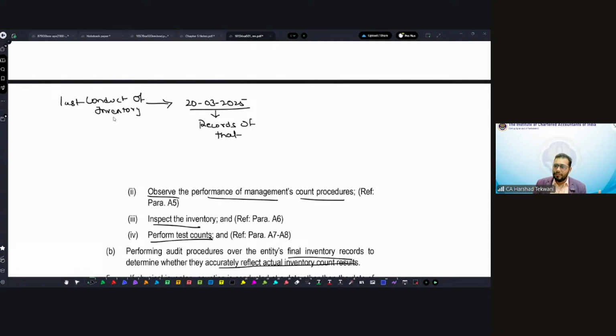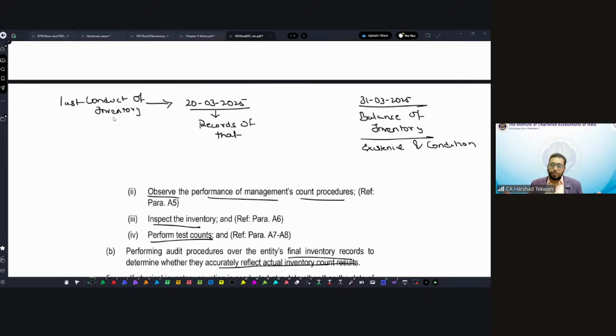Now the inventory balance is of 31st March 2025. That is the balance of inventory in the books on which you need comfort. How can you make sure of existence and condition on 31st of March?